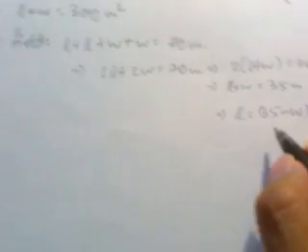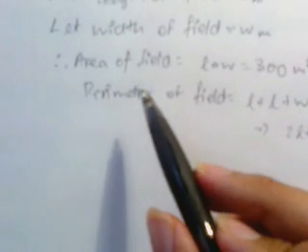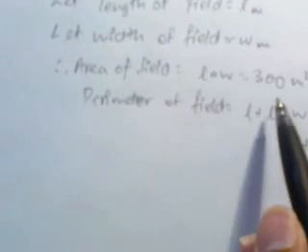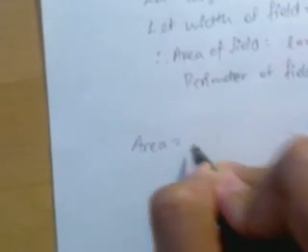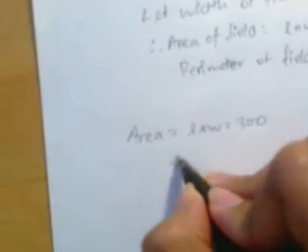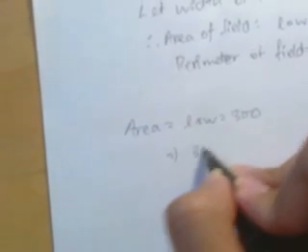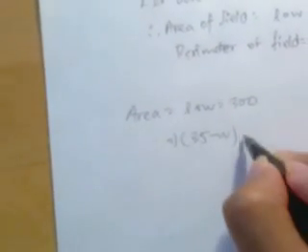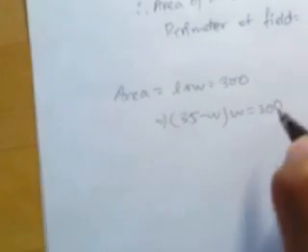Now let us plug that new value of L into the equation for the area, L into W. So now instead of handling 2 variables, we'll have just 1 variable, and it will be much easier to handle. So the area equals L into W equals 300. That is 35 minus W into W equals 300.